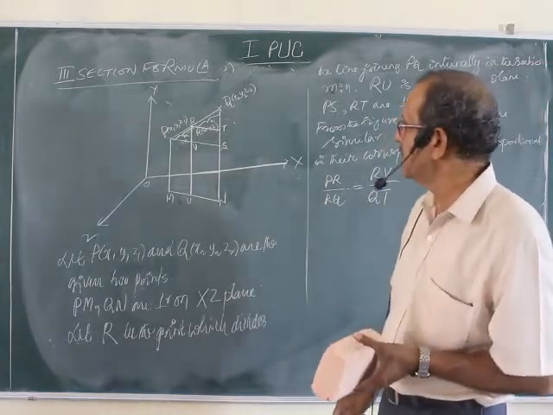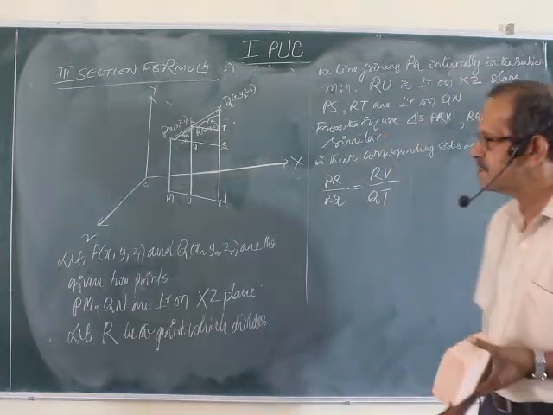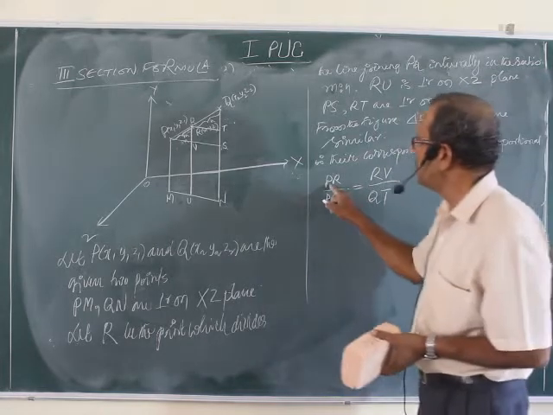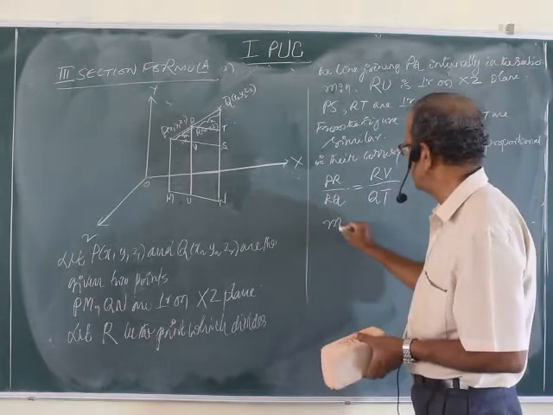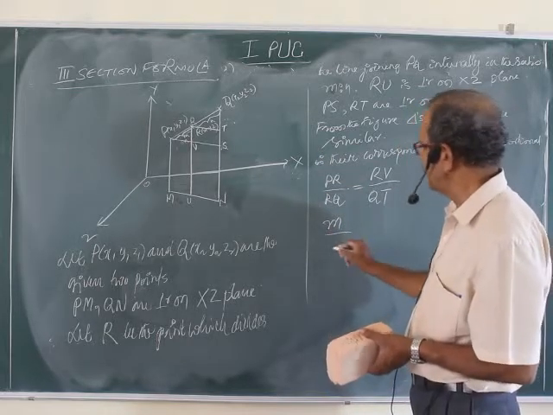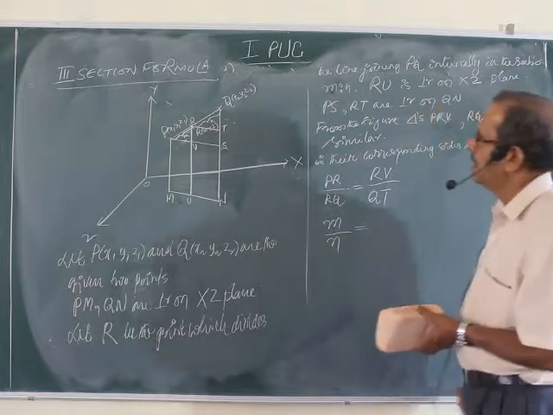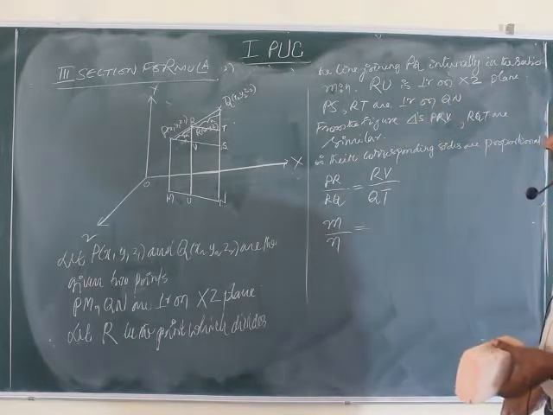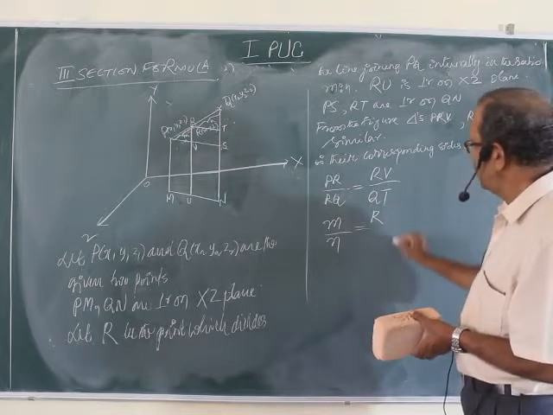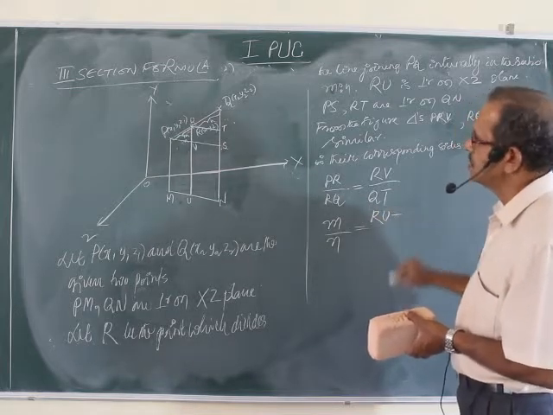Enough, only the Y coordinate. Now, PR is given, it is M in the ratio. RQ is also given, it is N. RV, write correctly, is RU minus UV.